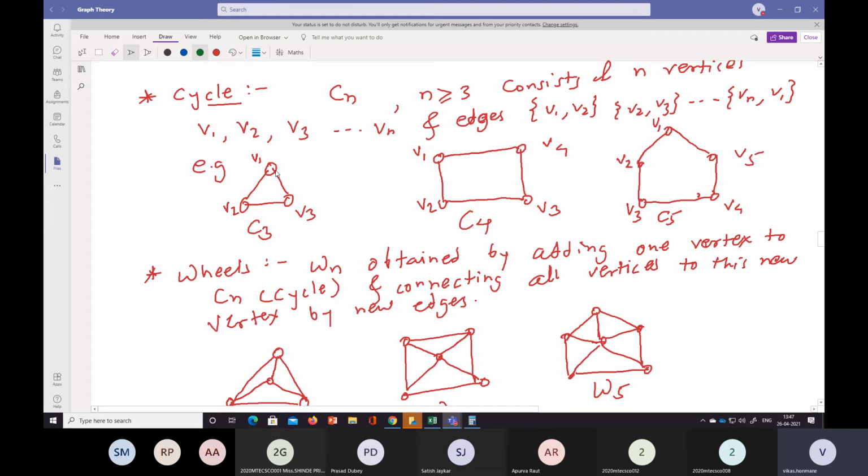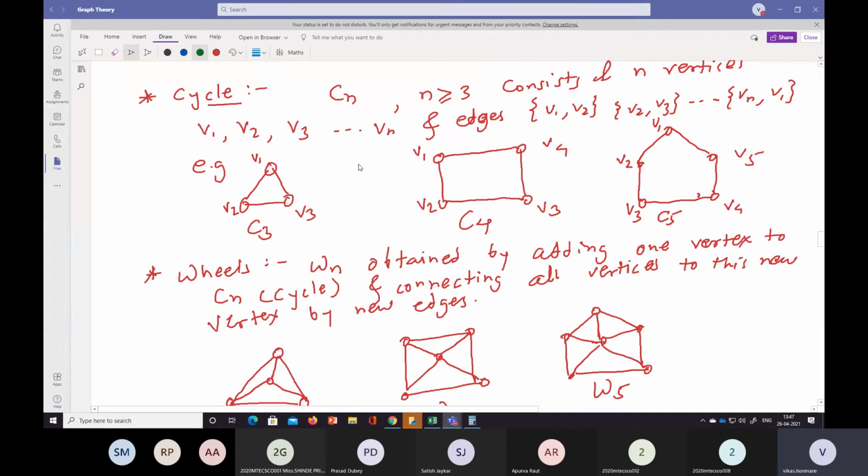Then the cycle of 4 is the second example: v1, v2, v3 and v4 and again to v1. C5 starts from v1, v2, v3, v4, v5 and comes back to v1. So this is about the cycle.